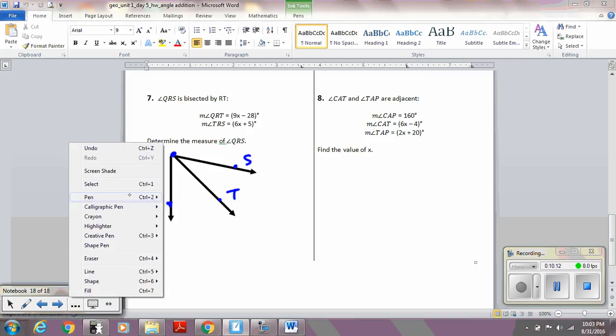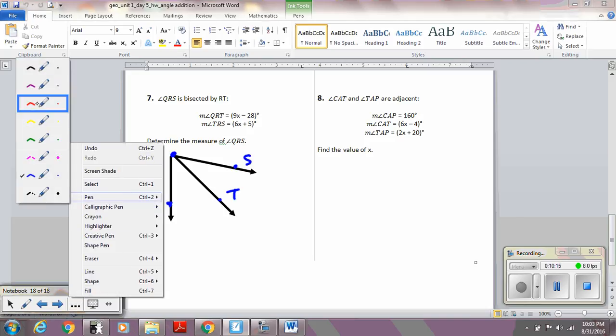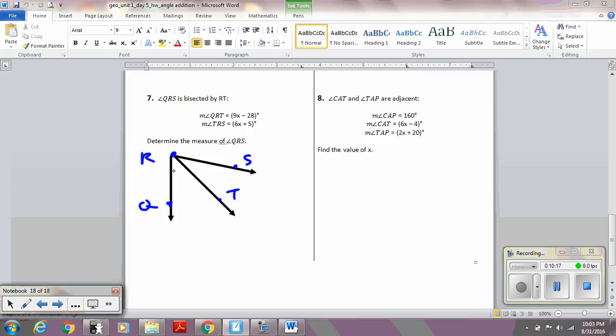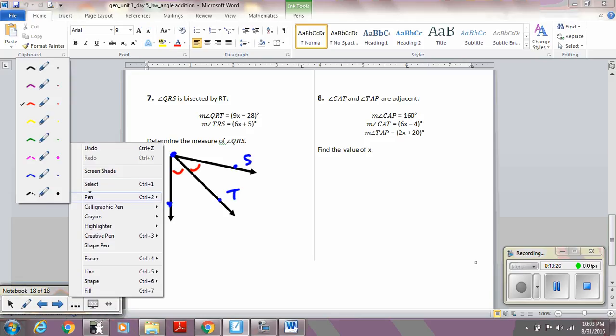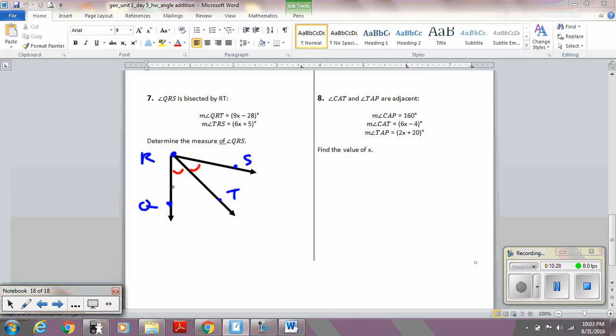So that means it splits the angle into two equal angles. Then it tells us that QRT is 9x minus 28. So you might want to put that here. TRS is 6x plus 5. Determine the measure of QRS.